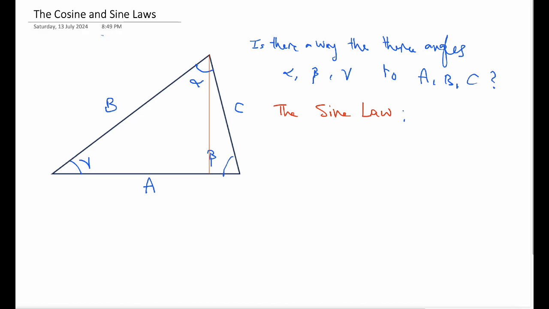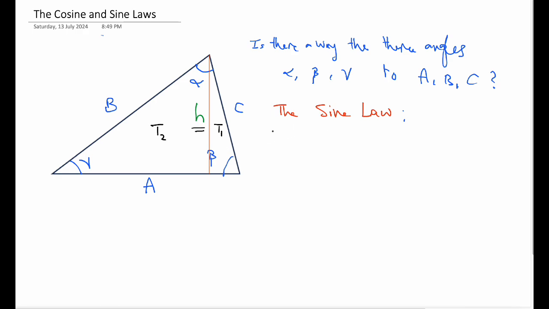And let's define this by h. Now this side h is basically the definition of the height of the triangle. So as you can see, the height is shared by triangle 1, T1, and the triangle T2.